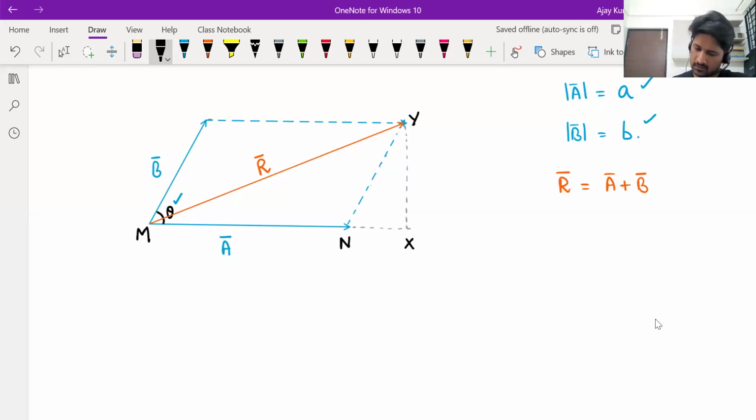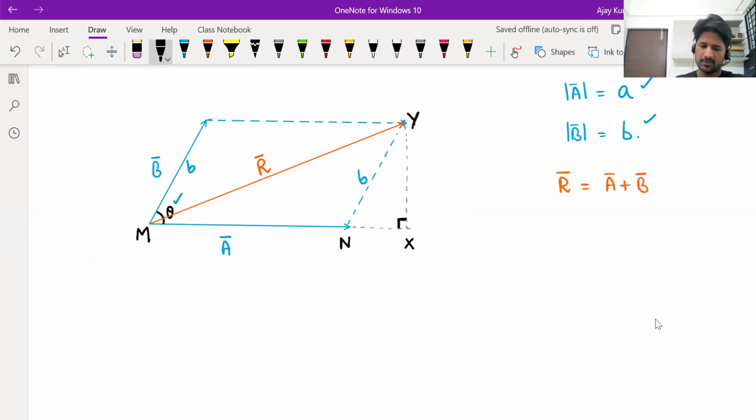Now N to Y is the same as B. If this side's length is B, then N to Y will also be B itself. And angle NXY is 90 degrees. We intentionally dropped a perpendicular there. You can see the original vector B and the side NY are parallel.